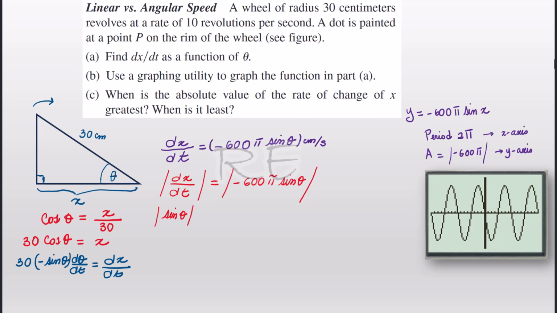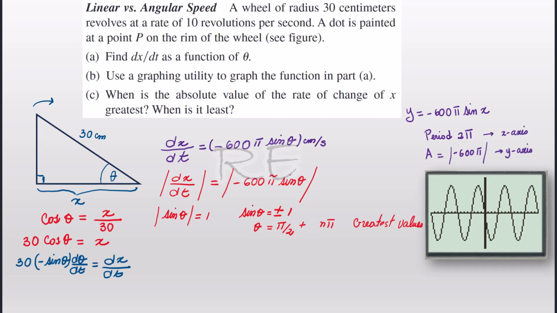The absolute value of sine theta, taken separately, has a maximum of 1, which means that sine theta itself is plus or minus 1, and the angle theta is pi over 2 plus n pi: pi over 2, 3 pi over 2, and so on. And this is the greatest value.